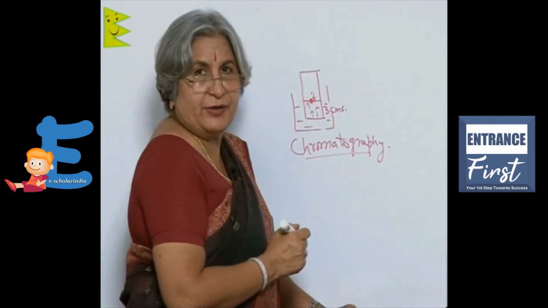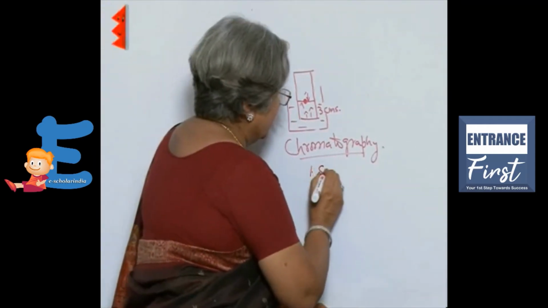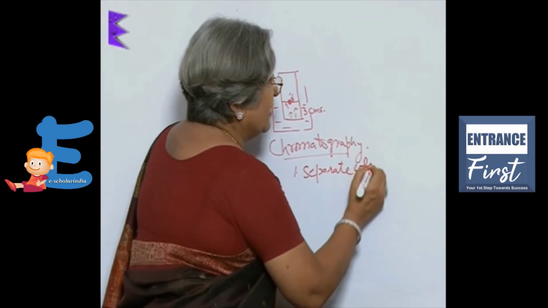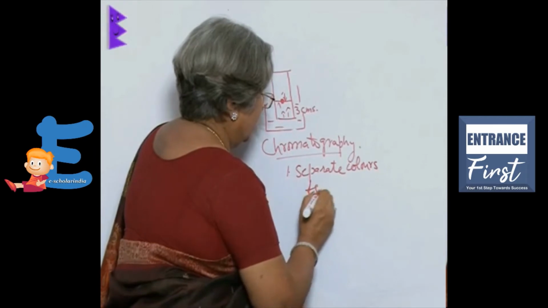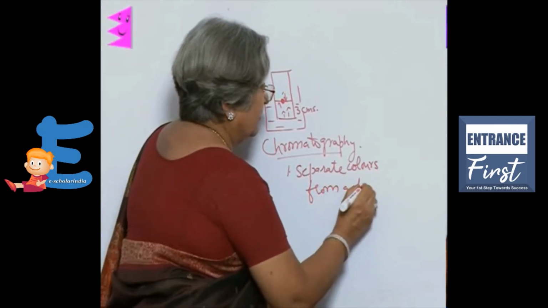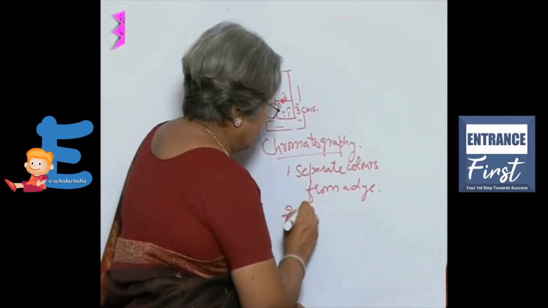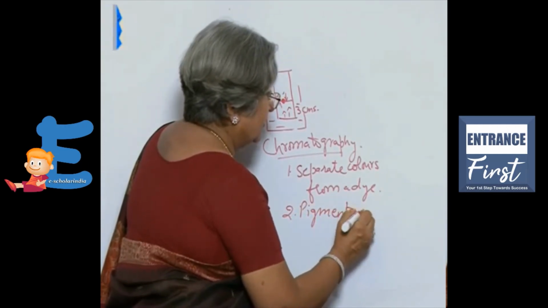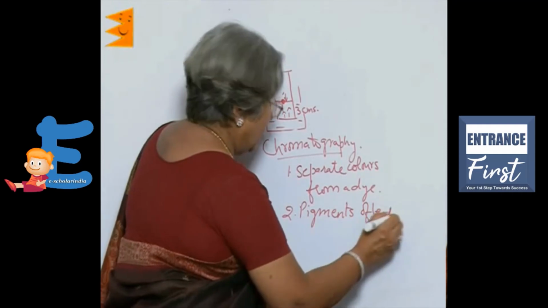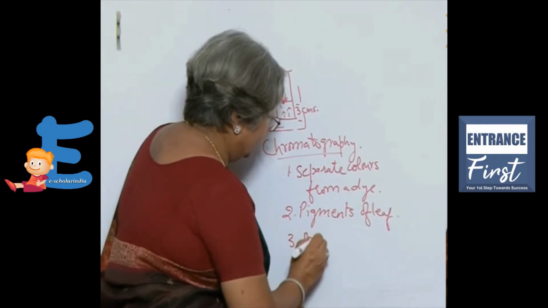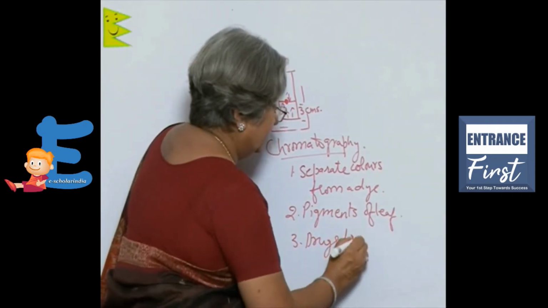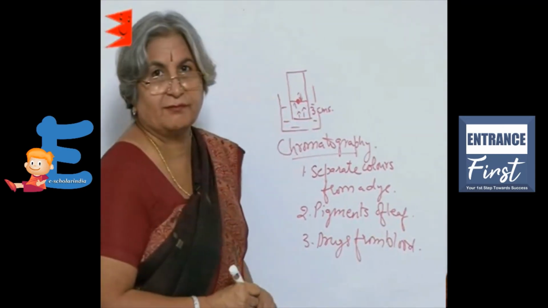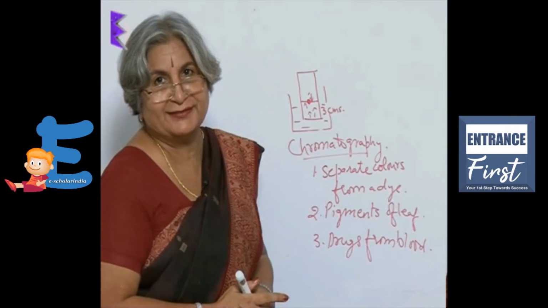This method can be used to separate colors from a dye, pigments of a leaf, and drugs from blood. So this method is also very useful.